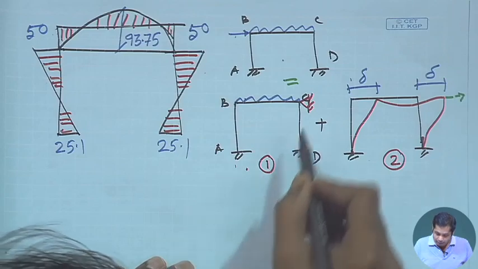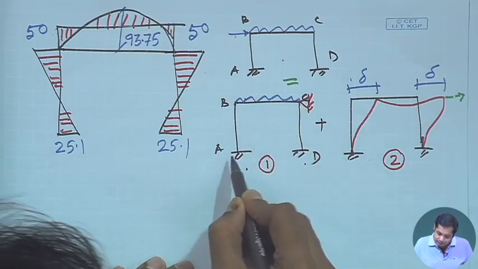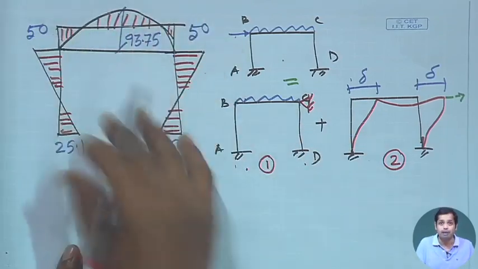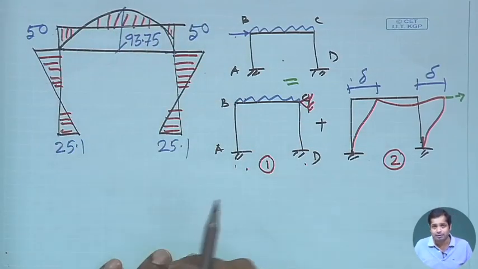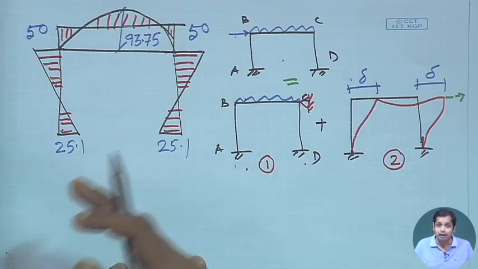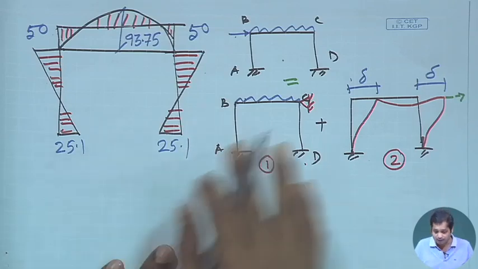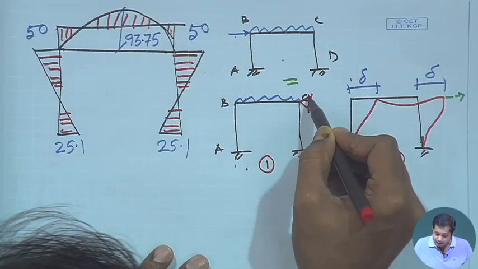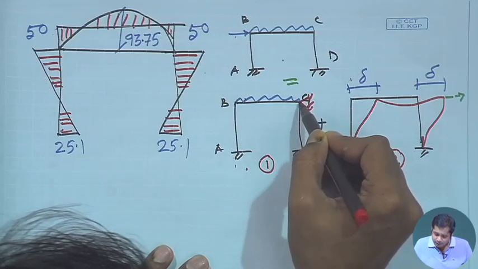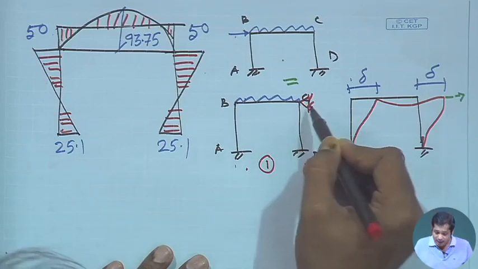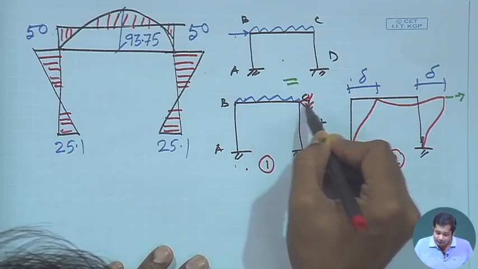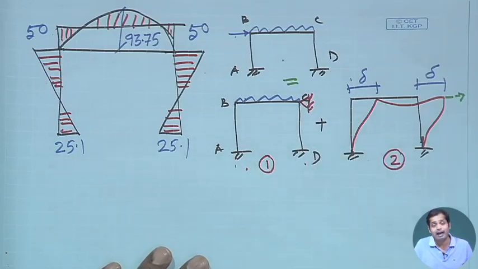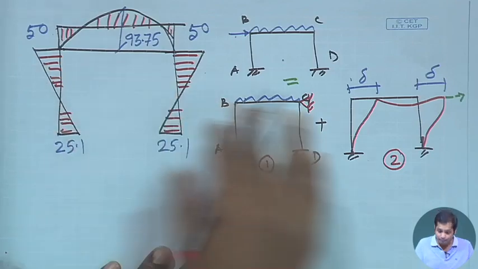Now, as I said, as far as the internal moments at the various joints A, B, C, D are concerned, the moments will be the same, but there is a small difference between the problems, and the difference is, now here we have a support at C. Okay, and this support will provide some horizontal reactions. Okay, but there was no horizontal reaction at C in the previous problem.